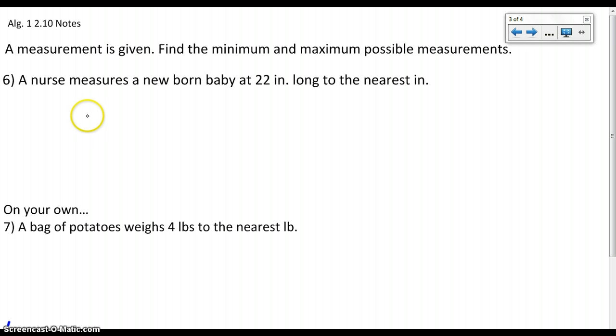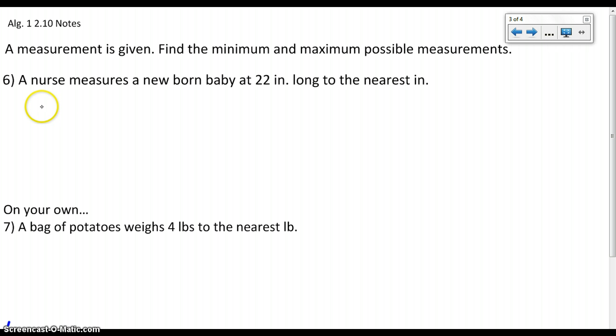Okay, for number 6 and 7, we are given a measurement, and then they're asking us to find the minimum and maximum possible measurements for the measurement they gave us. So for number 6, a nurse measures a newborn baby at 22 inches long to the nearest inch.